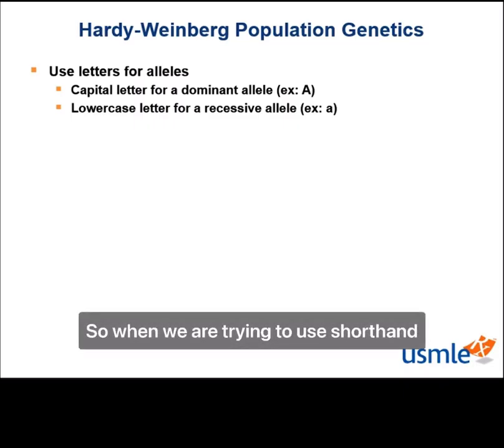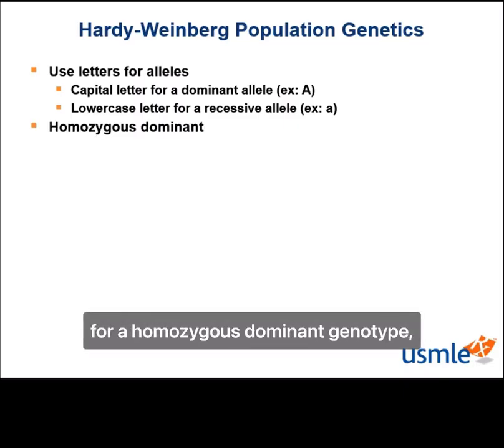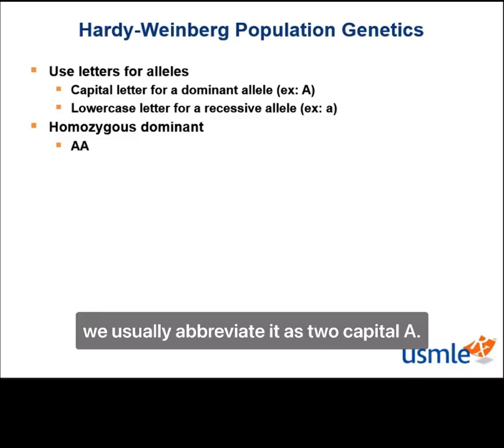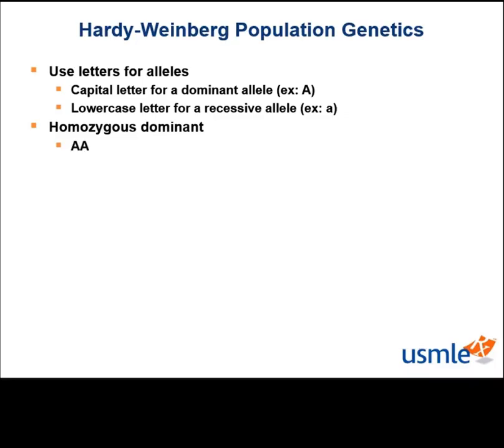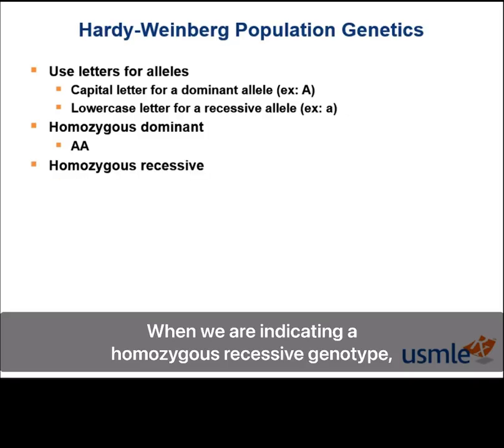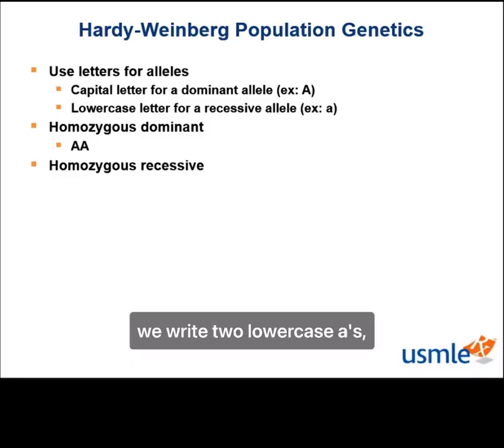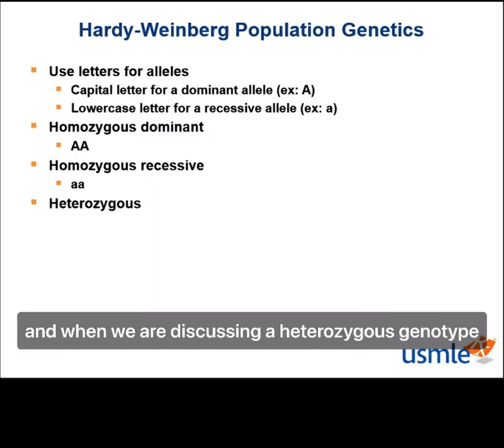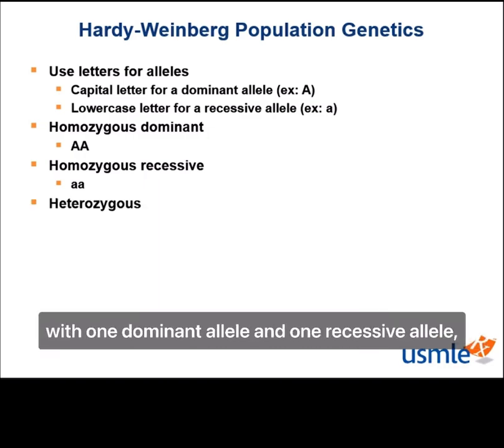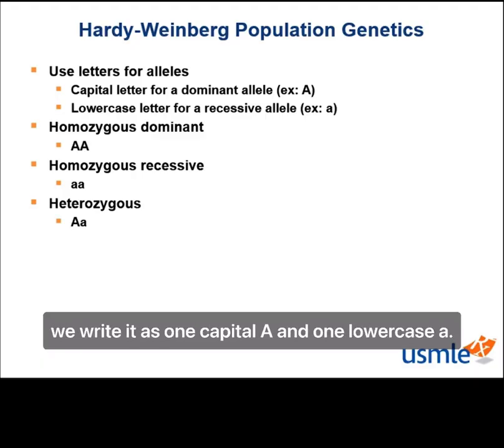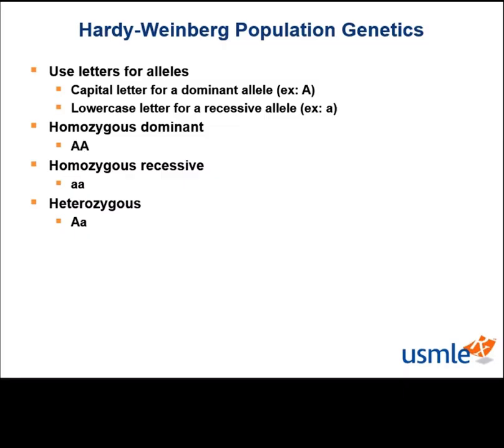So when we are trying to use shorthand for a homozygous dominant genotype, we usually abbreviate it as two capital A's. When we are indicating a homozygous recessive genotype, we write two lowercase a's. And when we are discussing a heterozygous genotype with one dominant allele and one recessive allele, we write it as one capital A and one lowercase a.